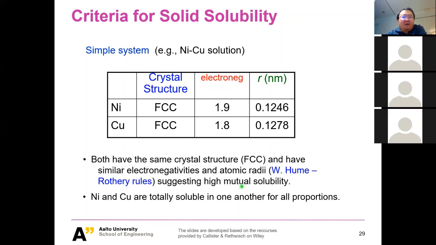If you have a common crystal structure, both FCC for example, it will promote the solubility. If you also have a similar electron activity, that will promote the solubility as well. The last thing is the radius. If the radius is similar, that will also promote it.